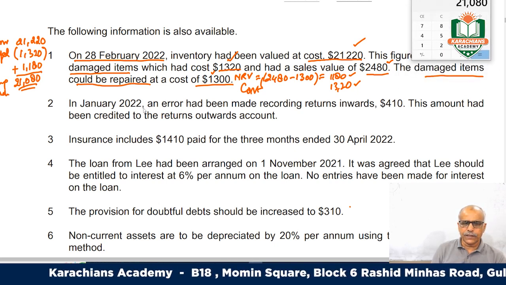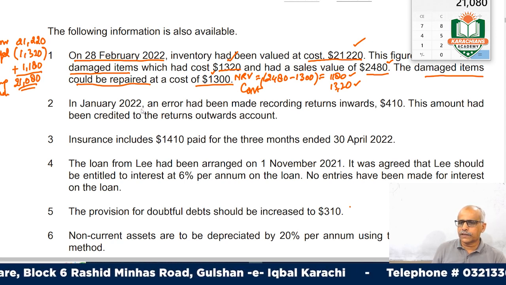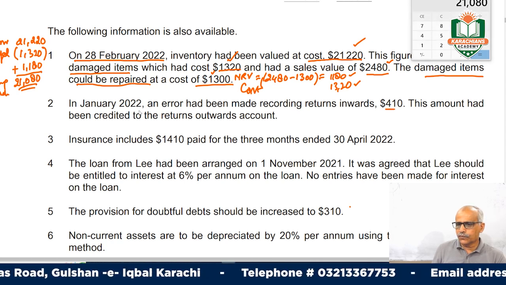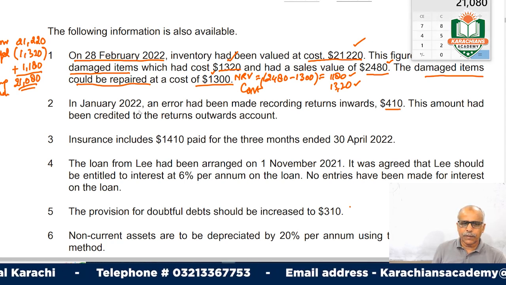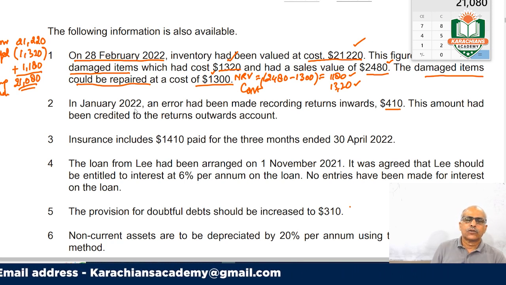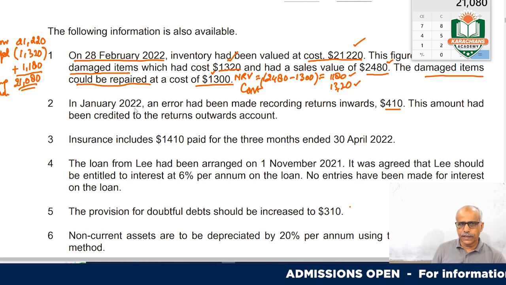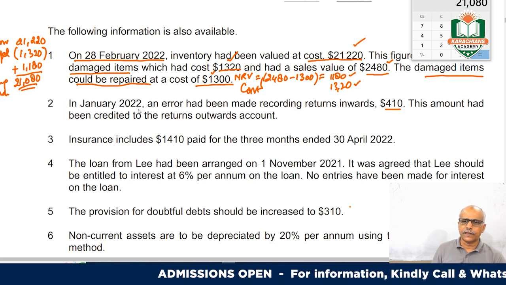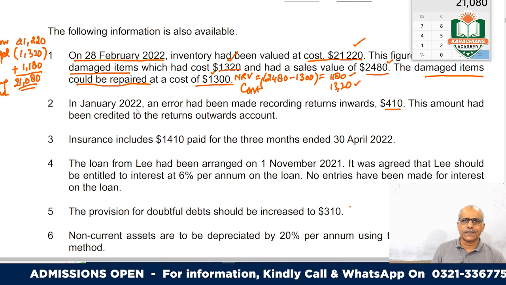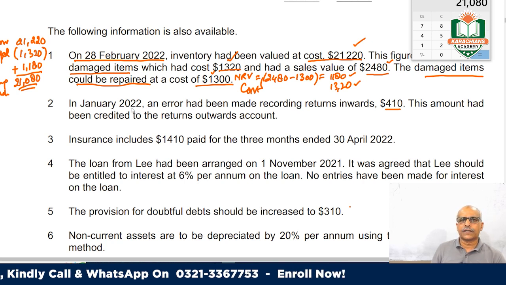On 1st January 2022, an error had been made recording returns inwards of 410. This amount had been credited to returns outward. So returns inward is sales return. When there is a sales return, sales return is debited and the customer account is credited. They wrongly recorded this sales return of 410 as a purchase return, right?